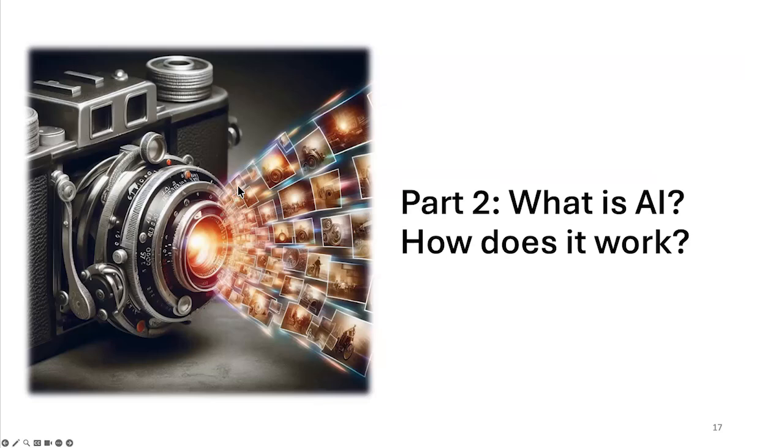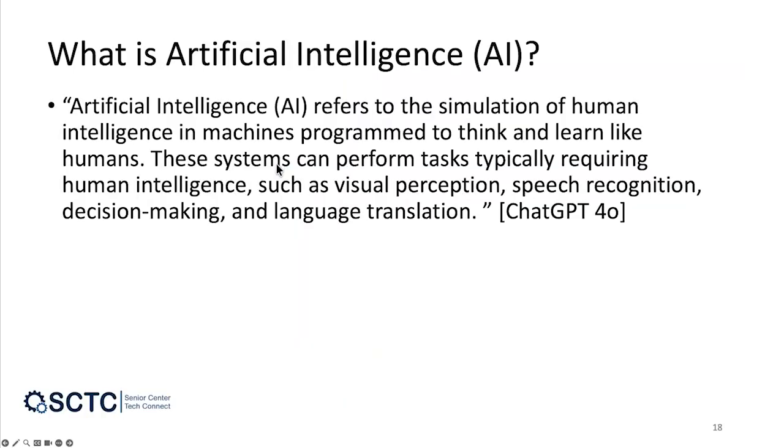All right, so we talked about curation and we talked about the app. Let's talk about what is AI and how does it work. What better way to do this than to ask an AI chatbot what AI is? And of course, it gives this long, verbose thing. The key really is the simulation of human intelligence.